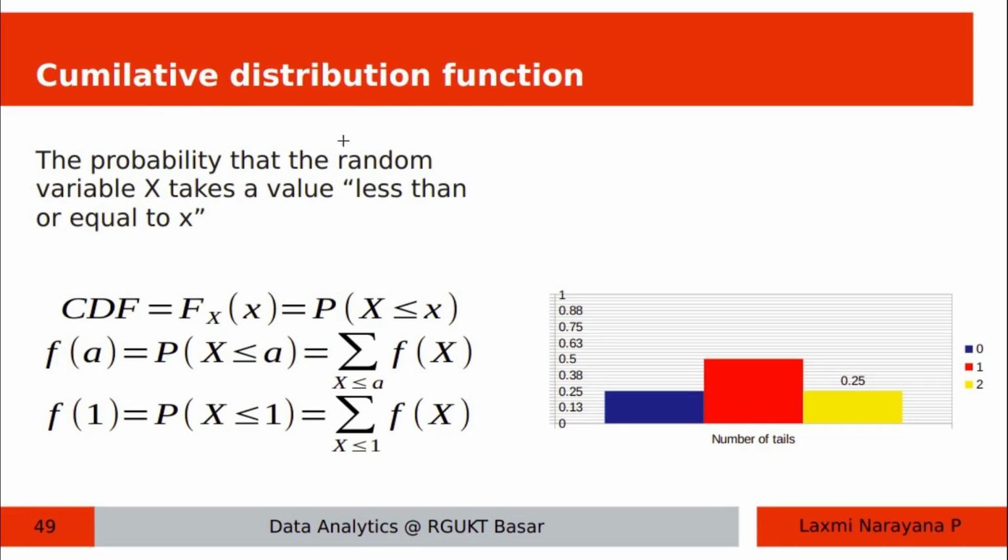Cumulative distribution function can be defined as the probability that the random variable x takes a value less than or equal to value x. It is the probability of x less than or equal to some value small x.